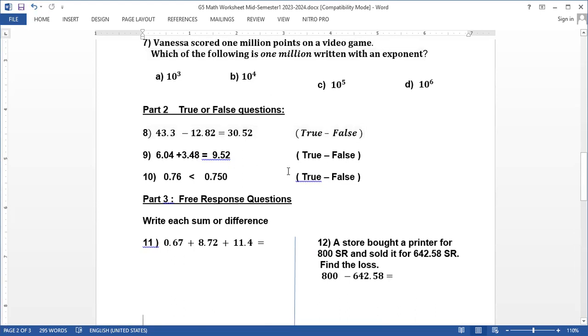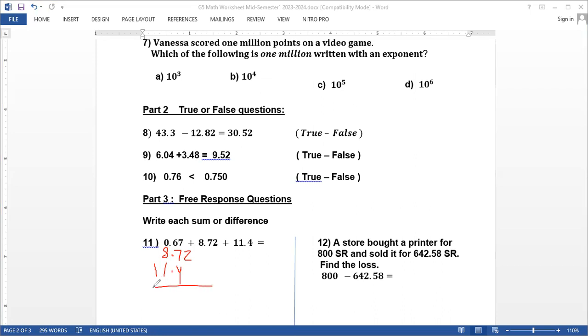Now, the last two questions, I will leave them for you to practice, but I give you advice here. Write each sum or difference. Here, you have to write them and line them up. You write 8.72, and here I write 11, focus on the point, 0.4.